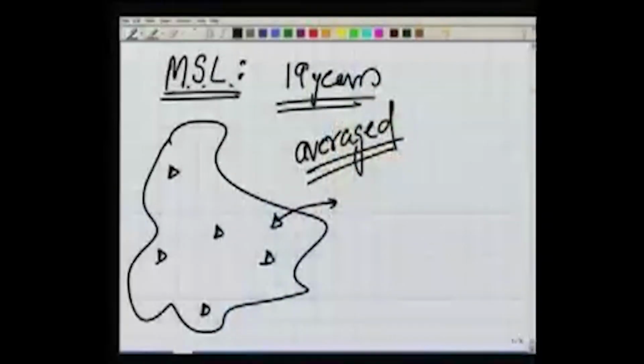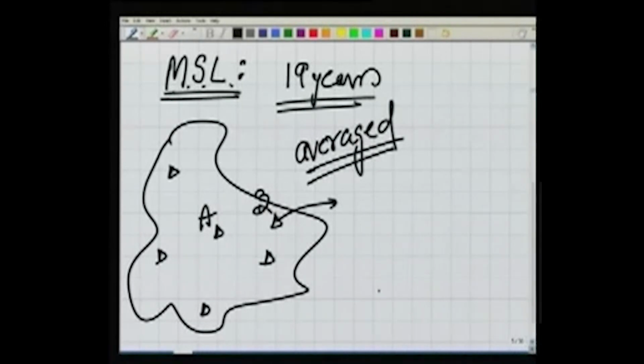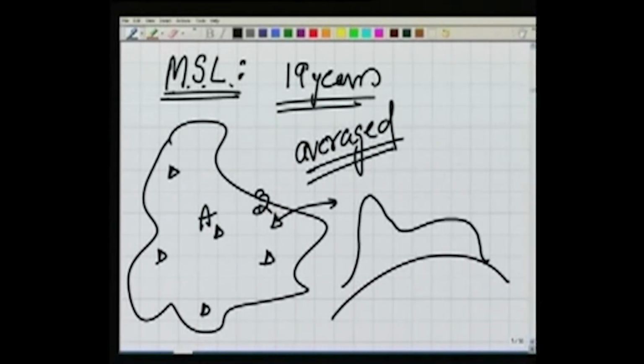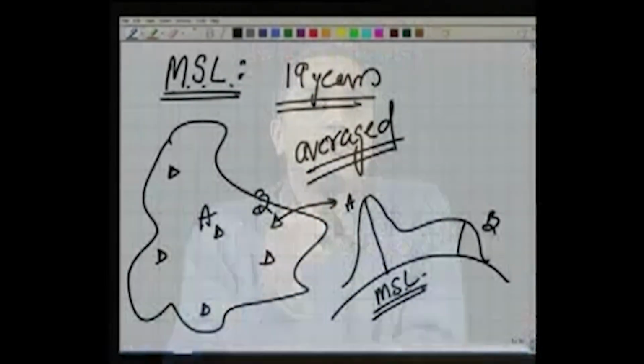If I say this point A is higher than B, how do I say? From the geoid, point A is somewhere here and point B is there. So this is point A and this is point B, and both of them have been referred to the same mean sea level. So if you are going anywhere, you will find several points in your locality also which have been established from the mean sea level.